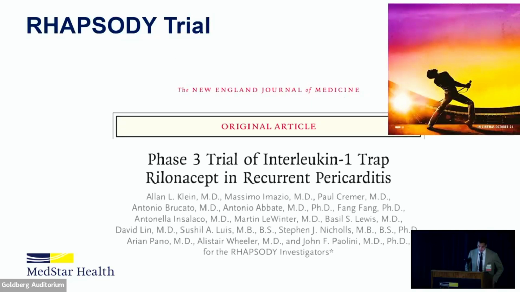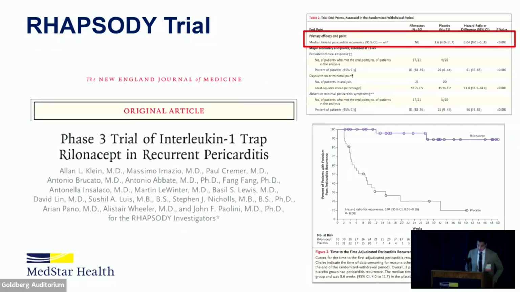But the most important landmark publication that has come out in the last few years has really been the RHAPSODY trial by Alan Klein, who was a primary investigator up at Cleveland, amongst other authors here, which really showed an astronomical improvement in patients' recurrence.